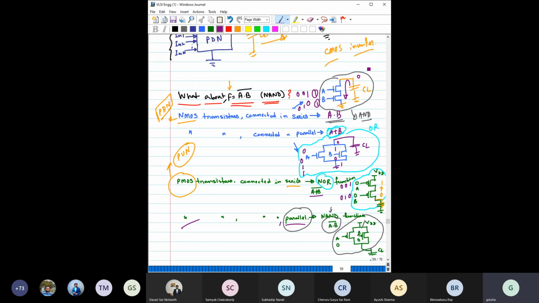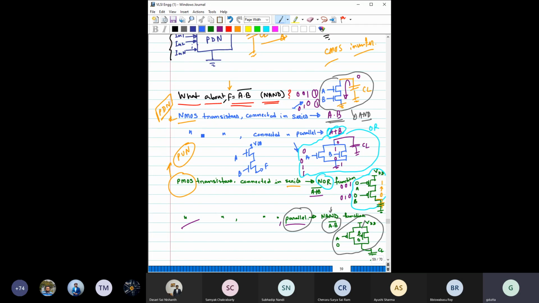Yes, but while I was writing this, something else was in my mind. Okay, this A, B, you have this applied voltage and you are seeing the output from here. Because here we have explicitly mentioned NMOS as a pull down network, so you have explicitly drawn it like this.